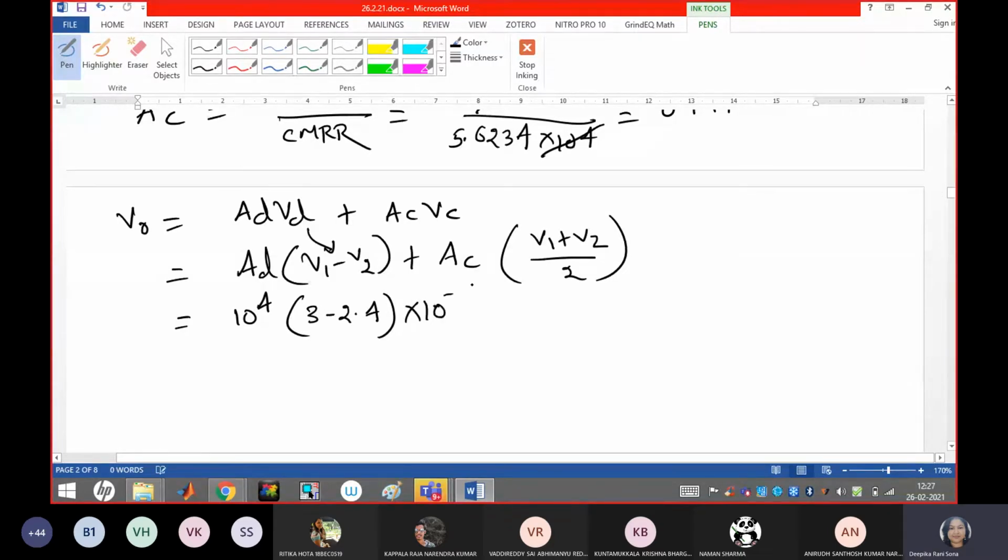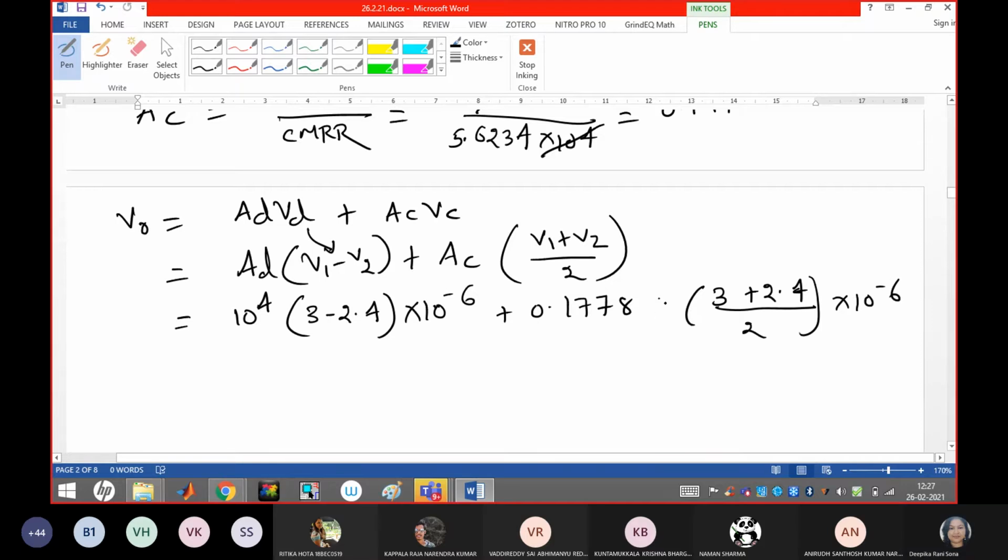It is in microvolt, right? Micro means 10 to the minus 6. How much will be the answer?